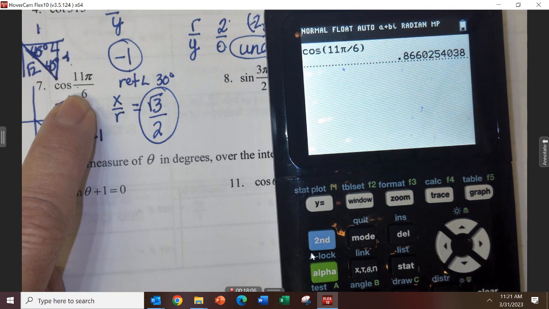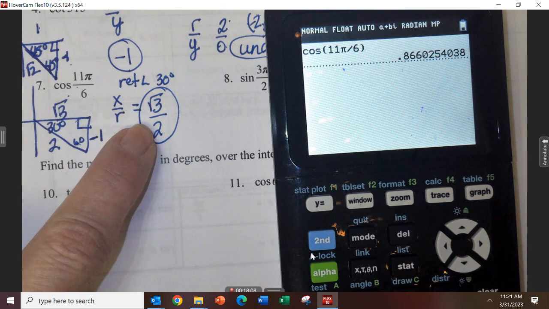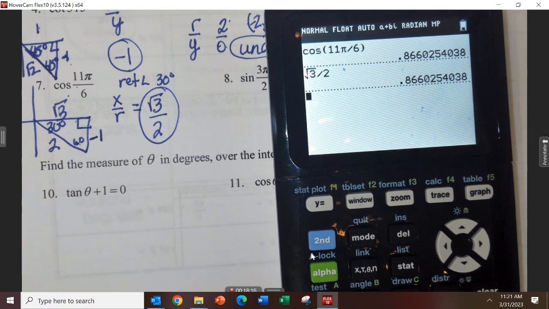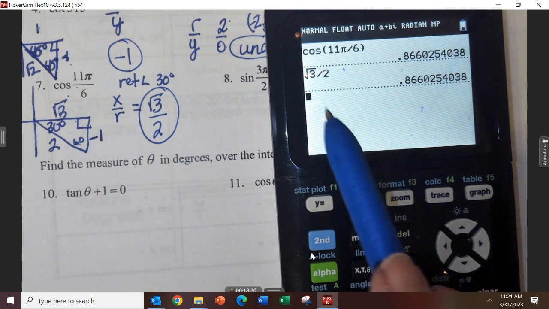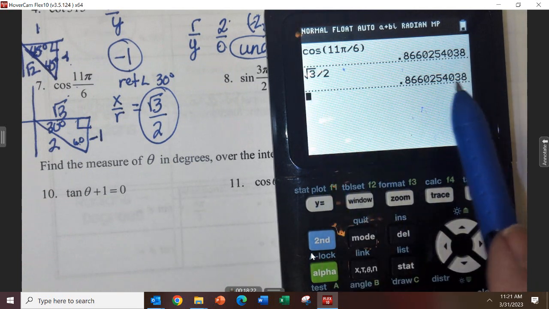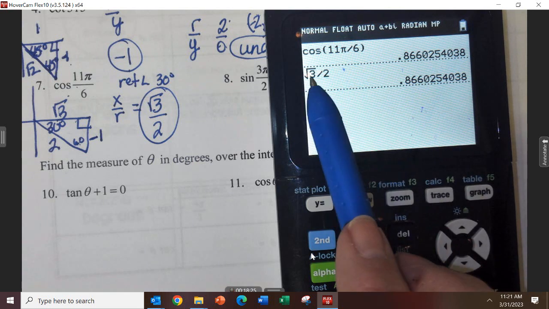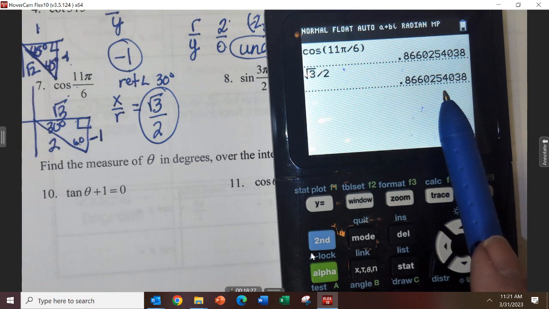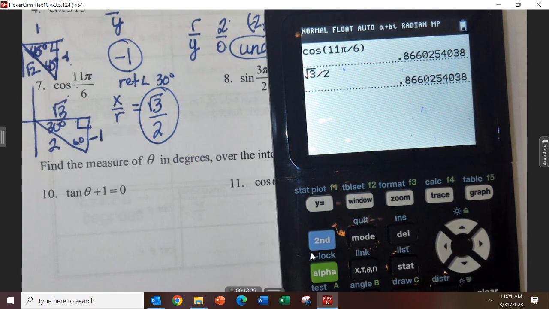Gives me this answer. Radical 3 over 2. Oh, good. They're the same. So we are correct. This is known as the exact answer. This is the approximate answer. Exact, approximate. Okay?